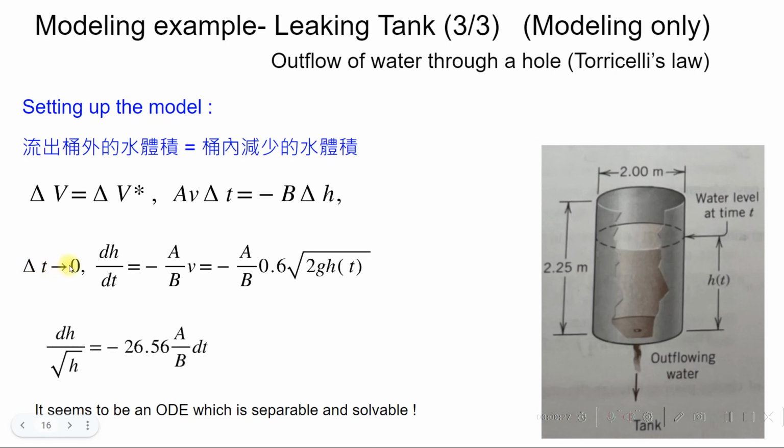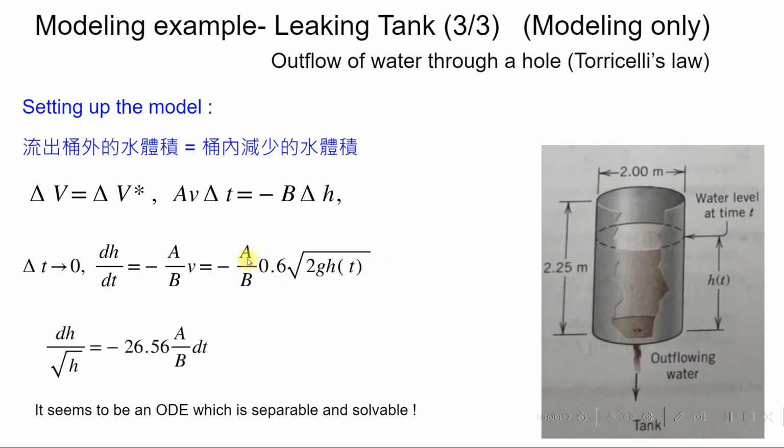As delta t approaches 0, we have dh over dt equals minus A over B times the velocity, and the velocity equals this expression dictated by Torricelli's law.